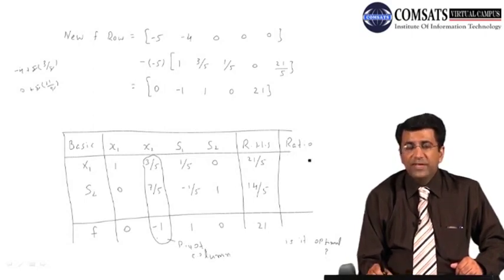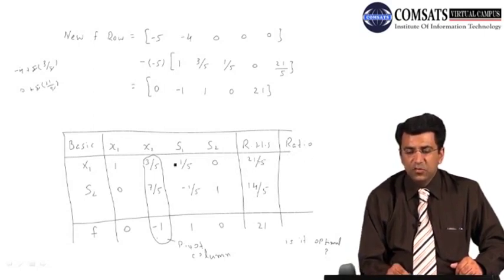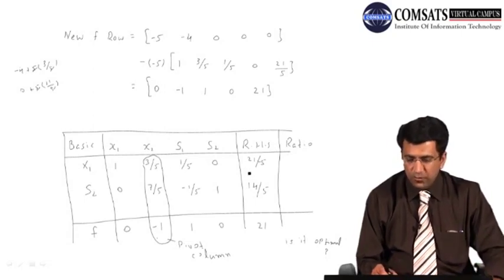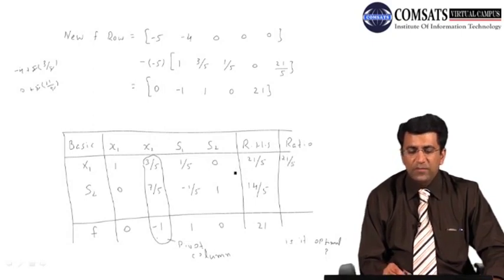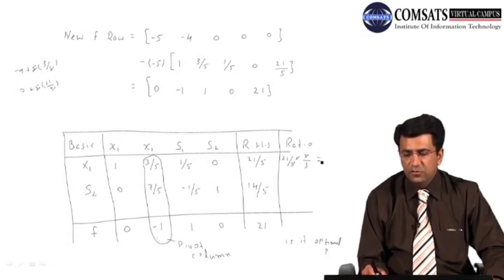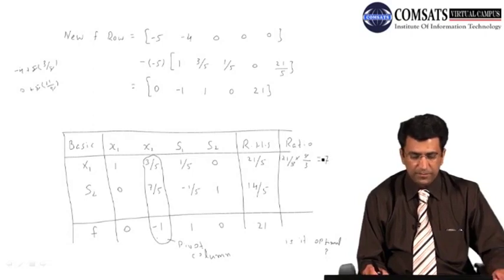Again, how will we calculate the ratio as the next step? We will divide these values by the corresponding pivot column values, that is 21 by 5 divided by 3 by 5. When we divide it by 3 by 5, the 5 will come in the numerator and 3 in the denominator. The 5 will be cancelled, and we will get the value 7.